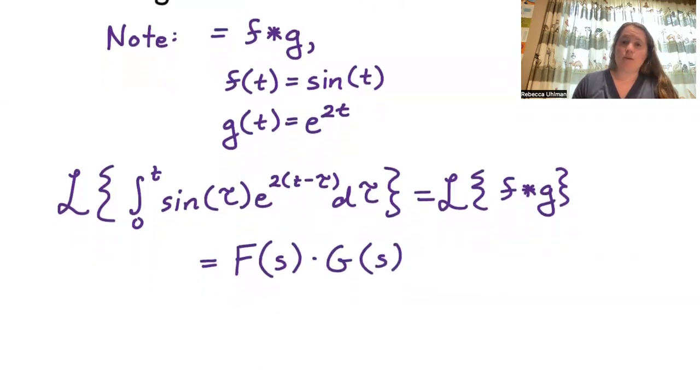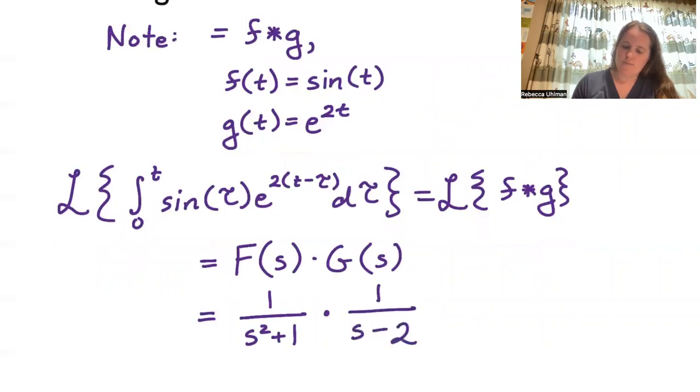The Laplace transform of sine of t is simply 1 over s squared plus 1. The Laplace transform of e to the 2t is 1 over s minus 2. And so that is our Laplace transform of the definite integral from 0 to t of sine of tau times e to the 2 times t minus tau d tau.